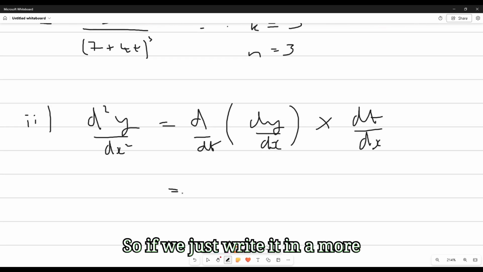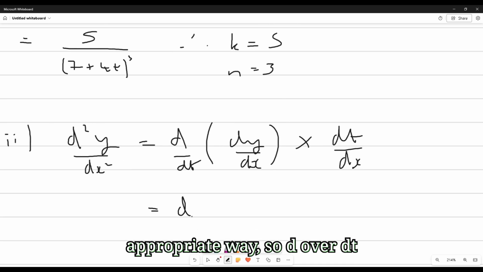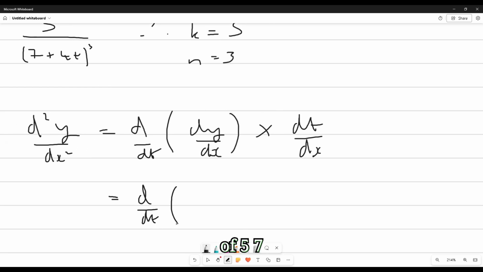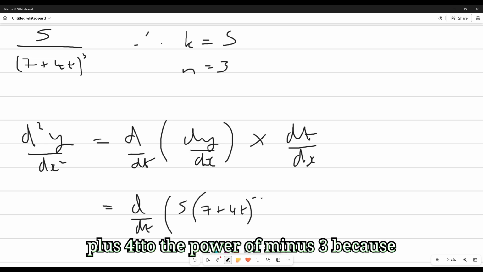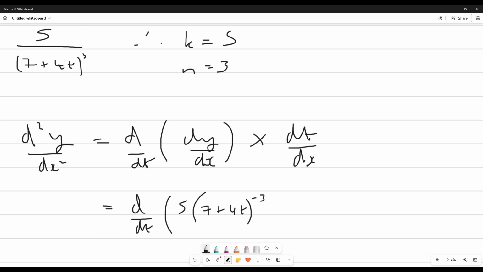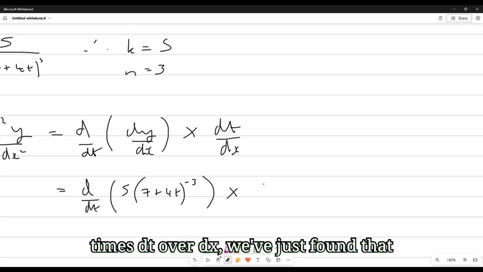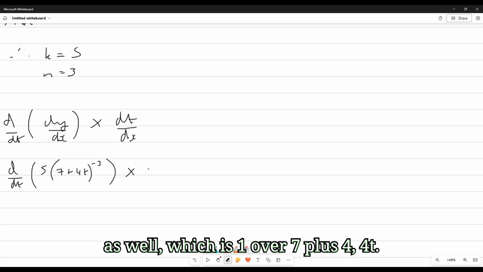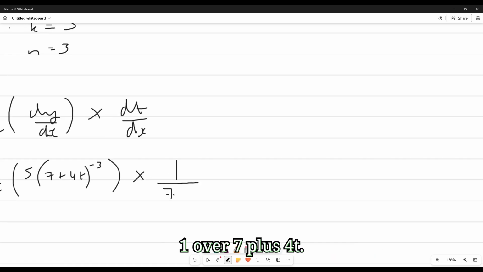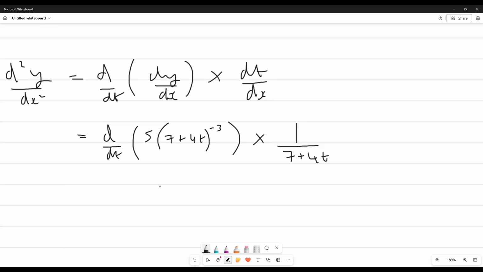If we write it in a more appropriate way, d over dt of 5 times 7 plus 4t to the power of minus 3, because we brought that up, times dt over dx, which we just found as well, which is 1 over 7 plus 4t.